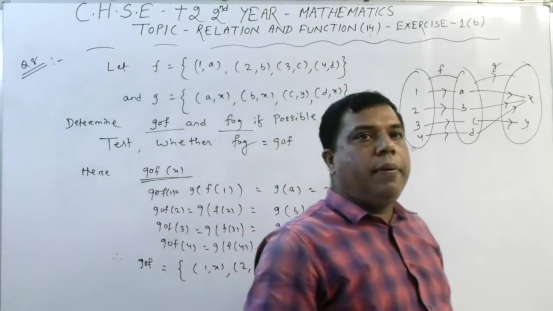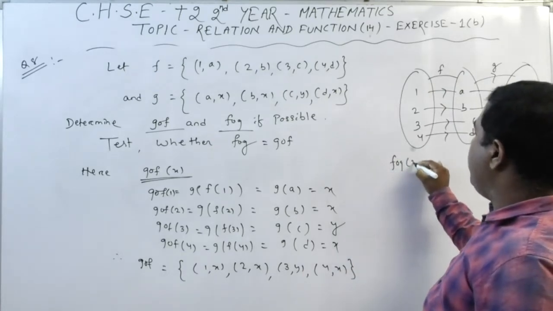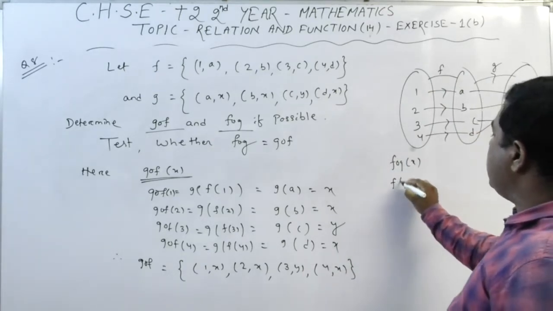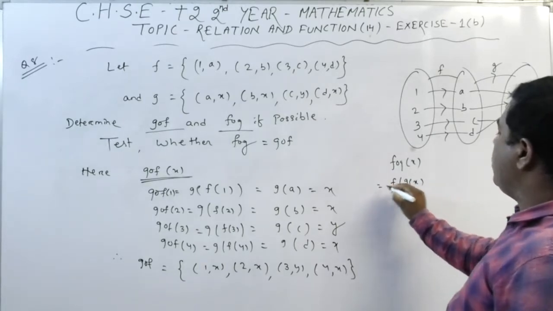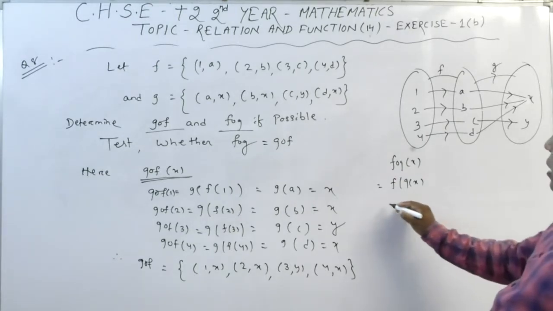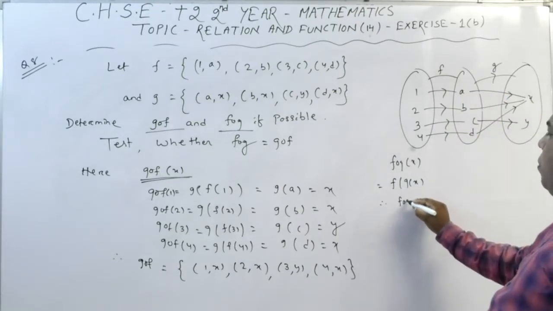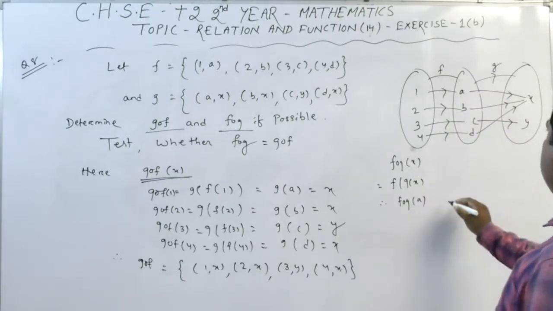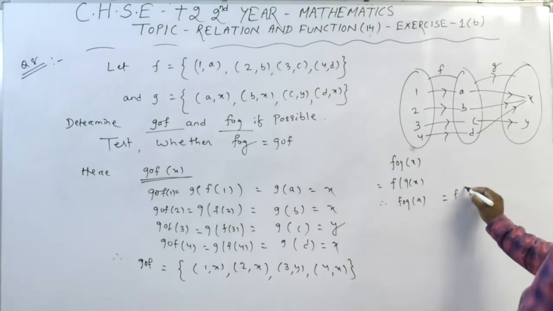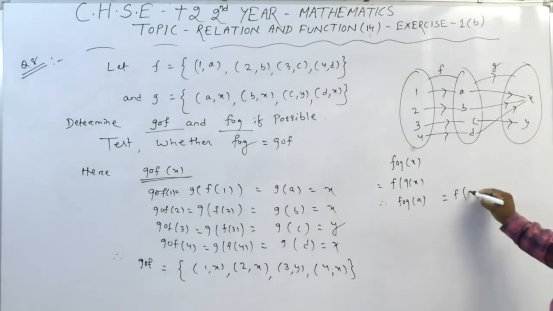Now we are going to find f∘g. You see f∘g(x), that is also there. So what does it mean? f of g of x. Okay, that is the meaning of f∘g(x). So we are going for the elements of g, therefore f∘g(a). We are going for g of a. g of a is what? x.